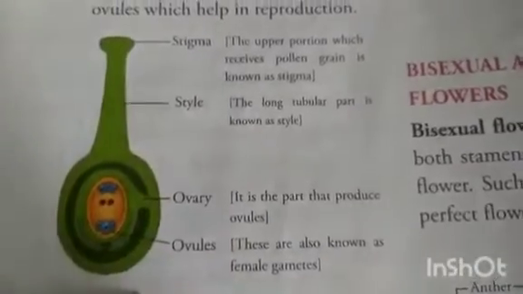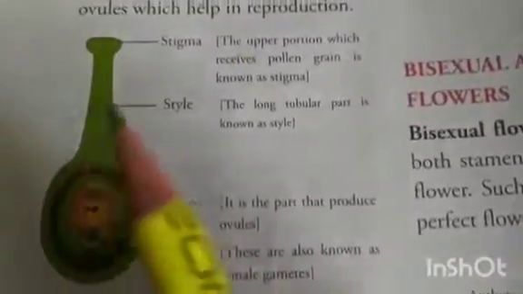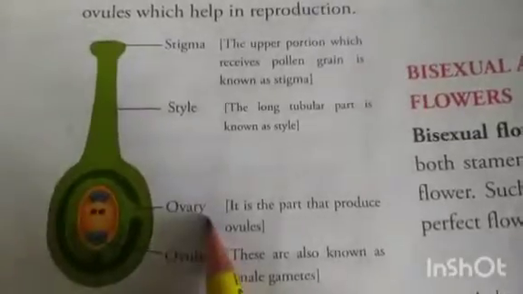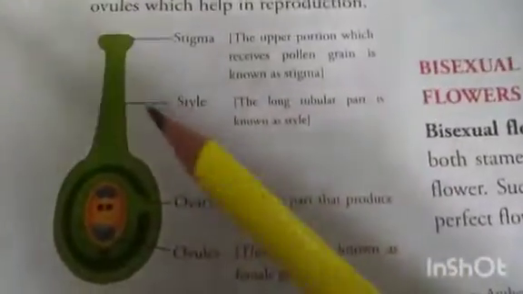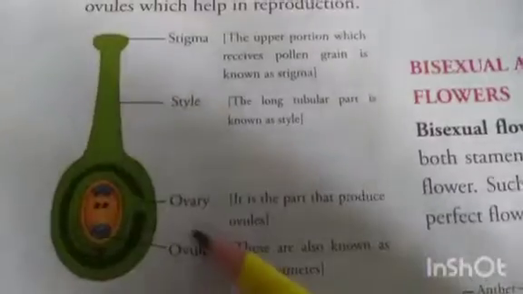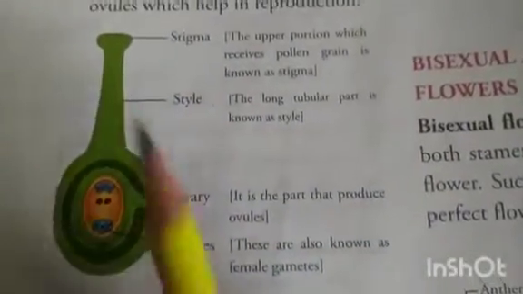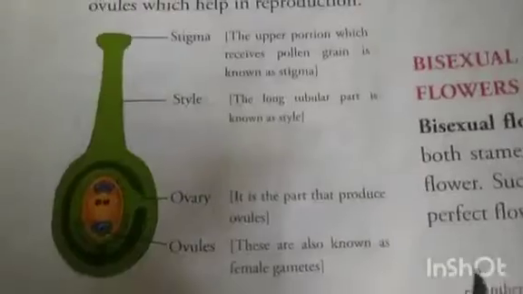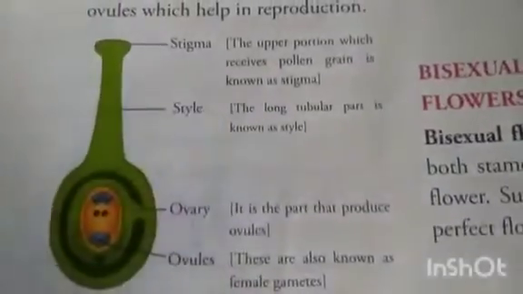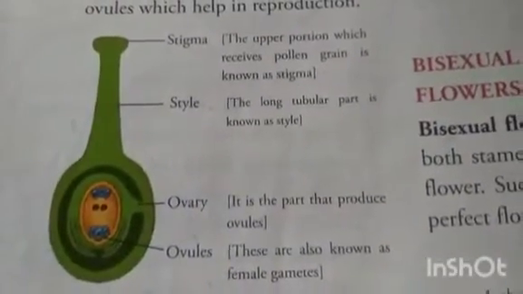In the subject science, you get marks for these labels. If you are drawing a very beautiful diagram but labeling is not correct or you are not writing the name of the diagram, you will not get full marks. So remember these things.